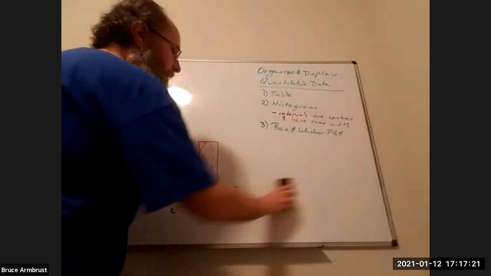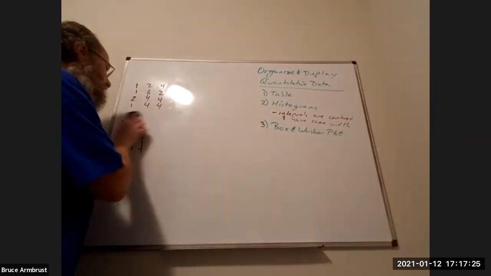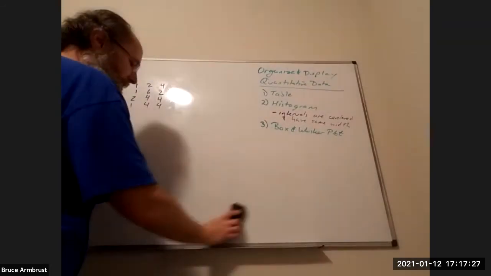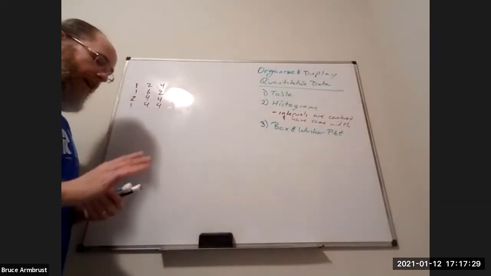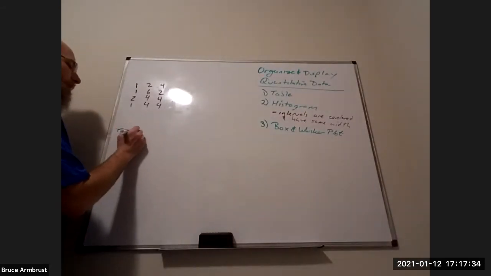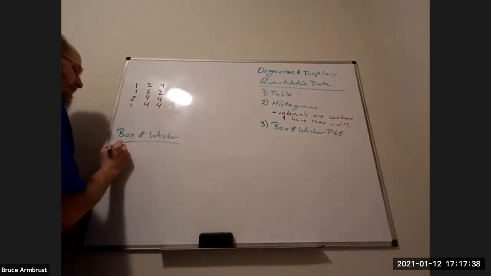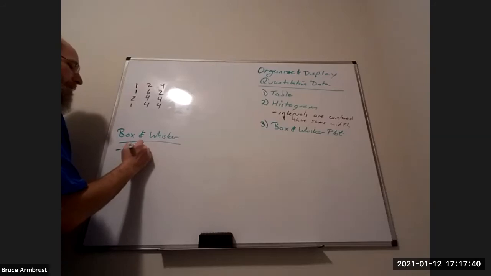Now, a box and whisker plot always has 5 things in it. There are always 5 pieces to any box and whisker plot. And we'll talk about what we have to do to find all of these. All right, so we need 5 things.